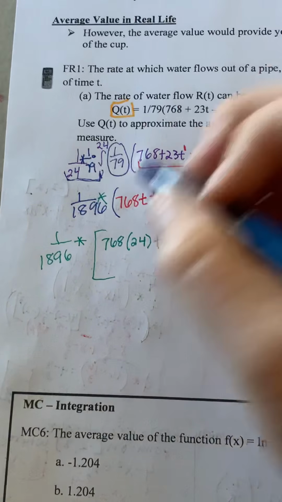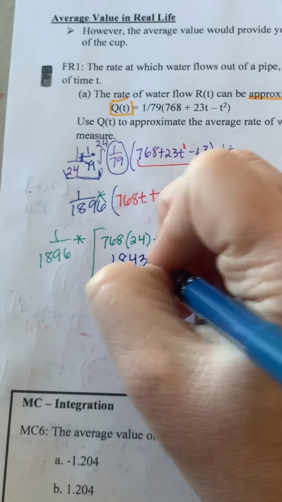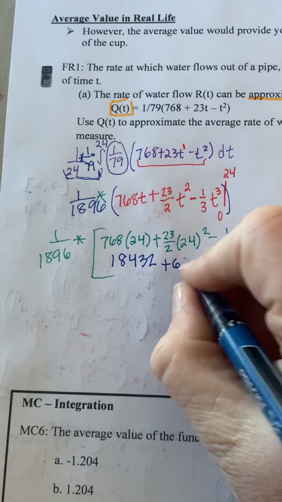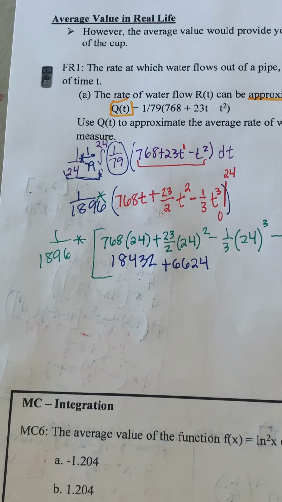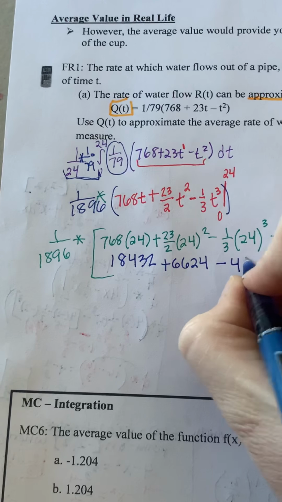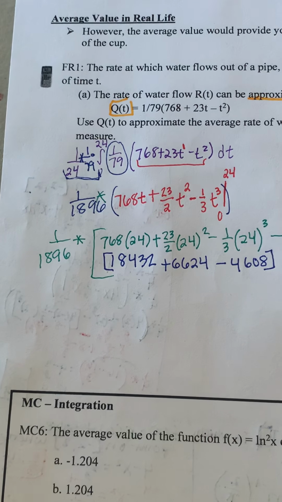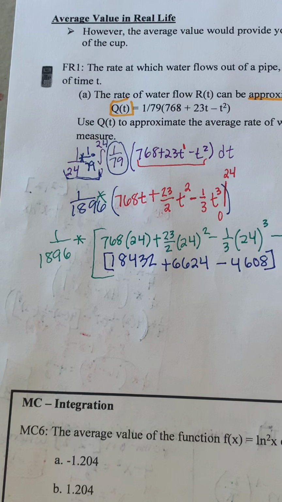All right, so I'm getting 18432 plus 6624 minus 4608.